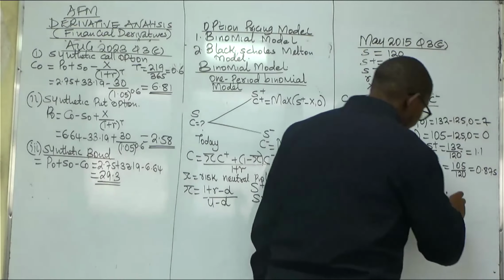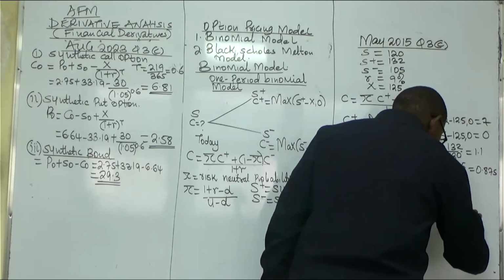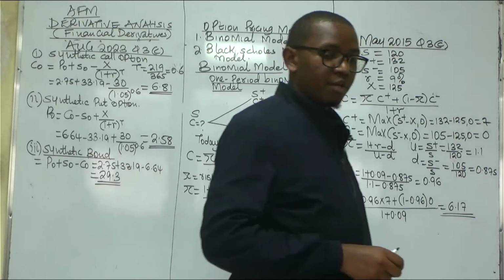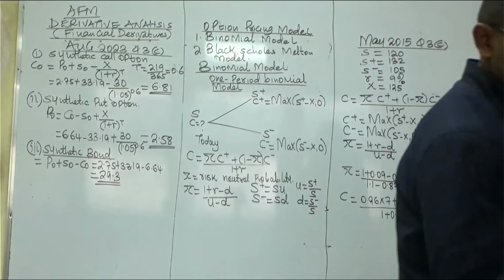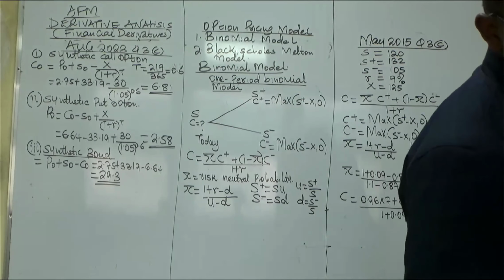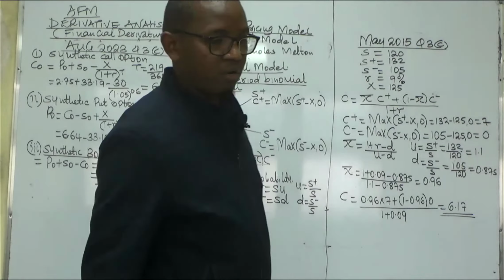This is 6.17. And that is the value of a call today.